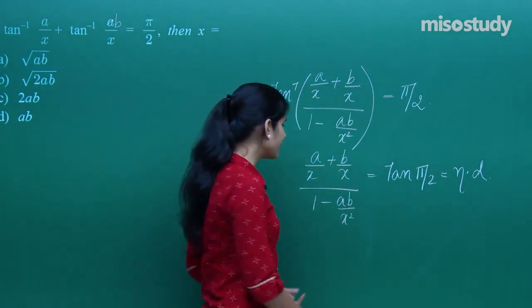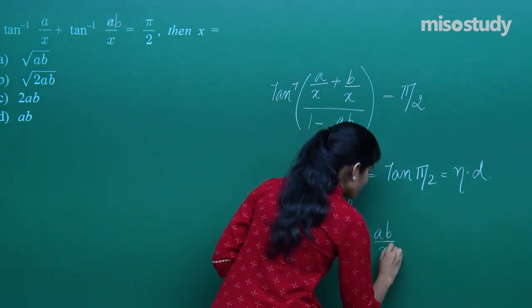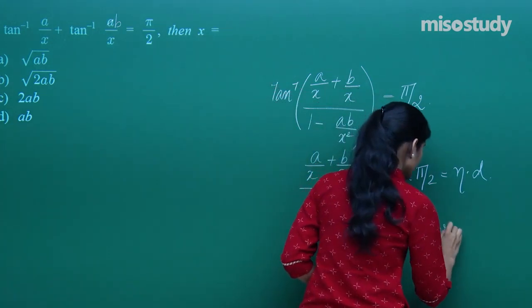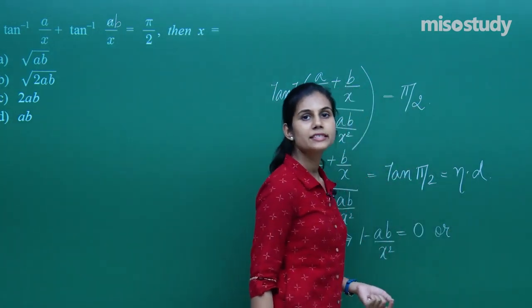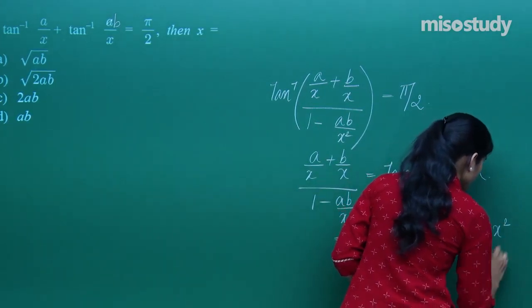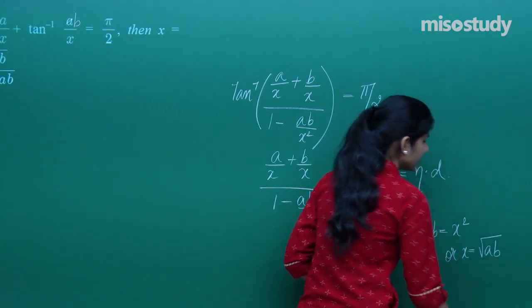Therefore, if this is an undefined quantity, this means 1 minus ab by x square is 0, or ab by x square is equal to 1, or ab is x square, or x is root ab.